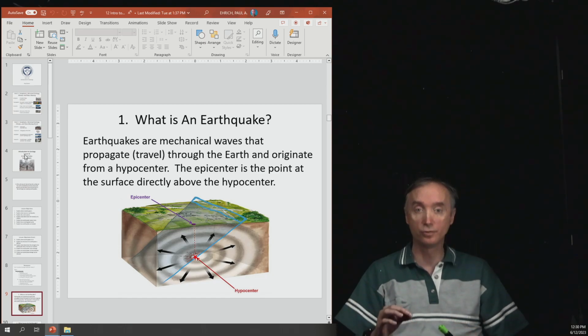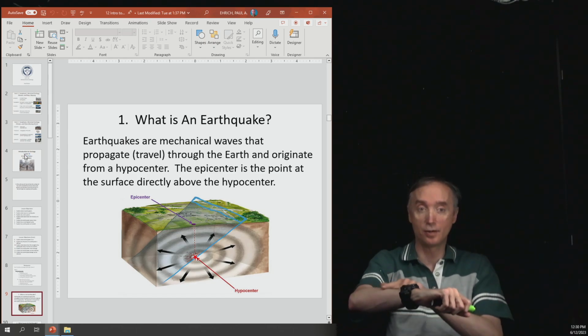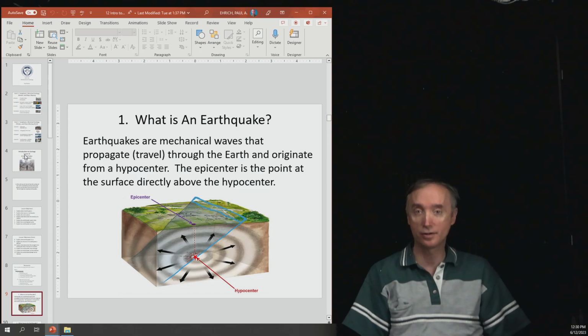So the hypocenter is going to be under the ground. On the other hand, think about your epidermis, which is the upper layer of your skin. So that means that the epicenter is going to be the point at the surface directly above the hypocenter.